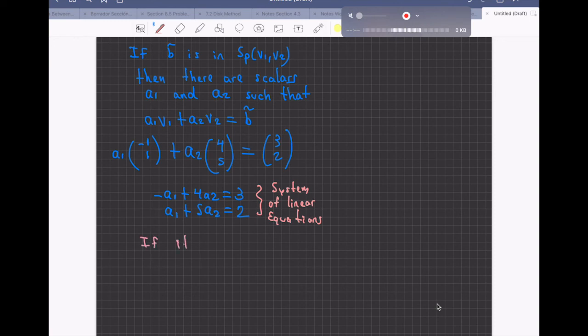If it has solution, then B is in the span of B1, B2. Otherwise, B is not.